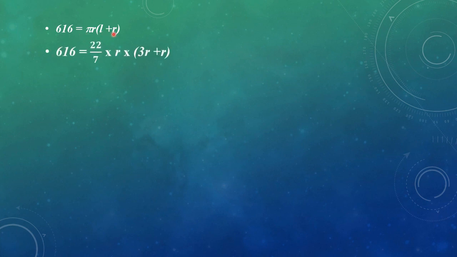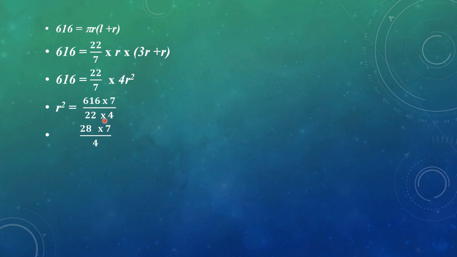So substituting the values, we get 616 is equal to 22 by 7 multiplied by r multiplied by 3r plus r. So inside the bracket we get 4r multiplied by r will be 4r square multiplied by 22 by 7 is equal to 616. Therefore, r square is equal to 616 multiplied by 7 upon 22 multiplied by 4.